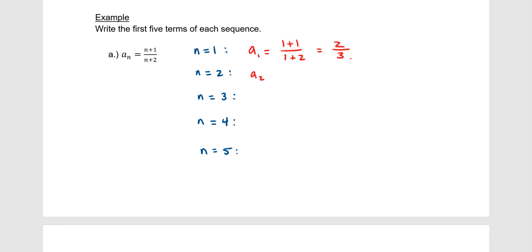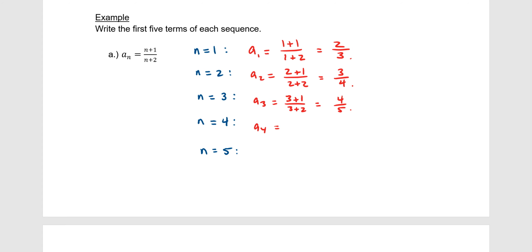Now plug in a 2 for a sub 2 here. That's going to be 2 plus 1 over 2 plus 2. That gives us 3 over 4. Plug in a 3 for a sub 3. 3 plus 1 over 3 plus 2 gives us 4/5.